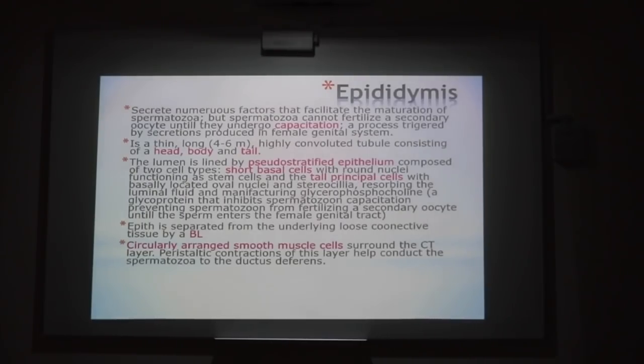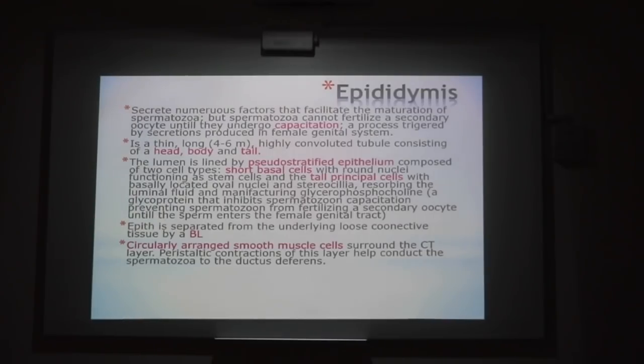The epithelium is pseudostratified with tall columnar and basal cells. Principal cells are columnar. Basal cells are the stem cells. They have stereocilia as a surface projection, and they sit on the basal lamina.